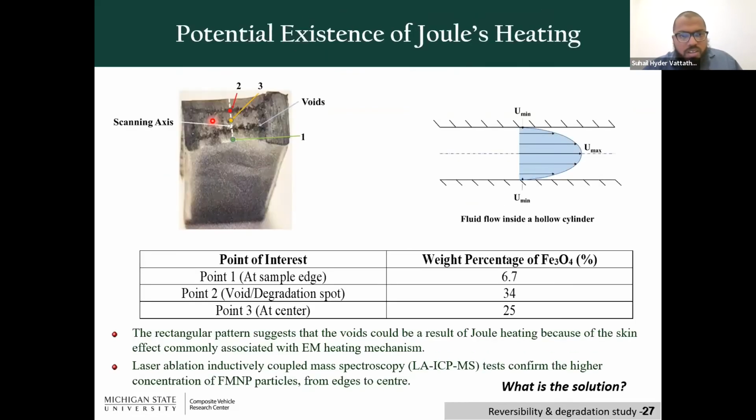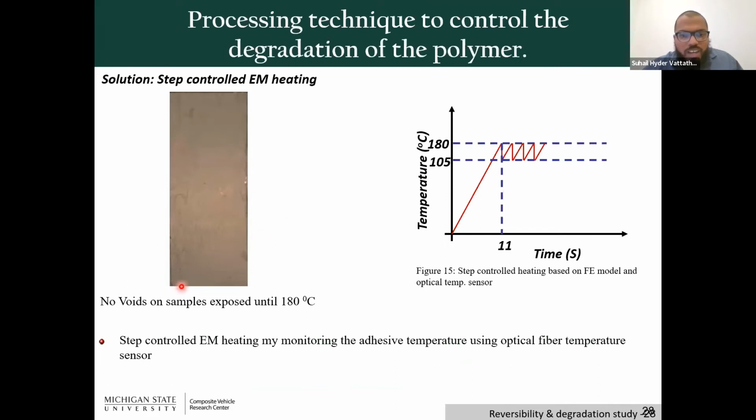Now, when you do the processing, how can you avoid this kind of degradation? We did different heating studies. We heated to 240C and still found some degradation patterns. So we reduced the heating temperature, and at around 180C, there is no degradation.